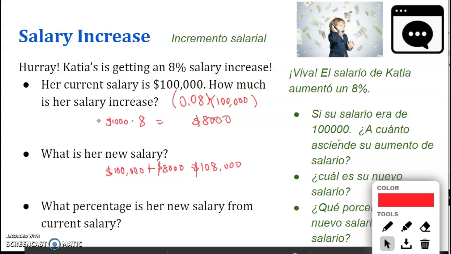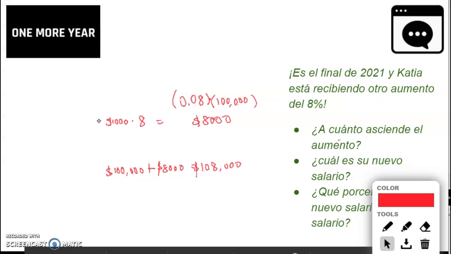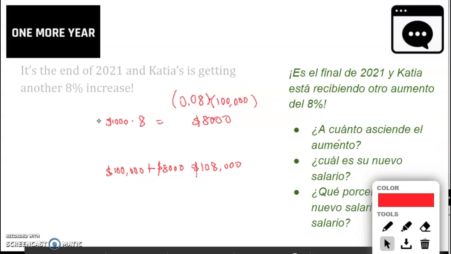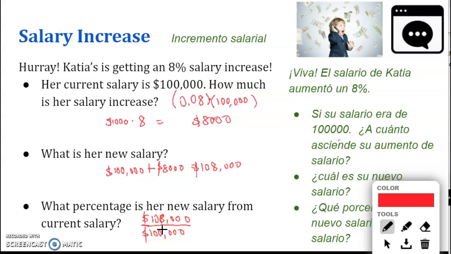The final question is, what percentage is her new salary of the current salary? Her new salary is $108,000. Her old salary was $100,000. So put it as a fraction.